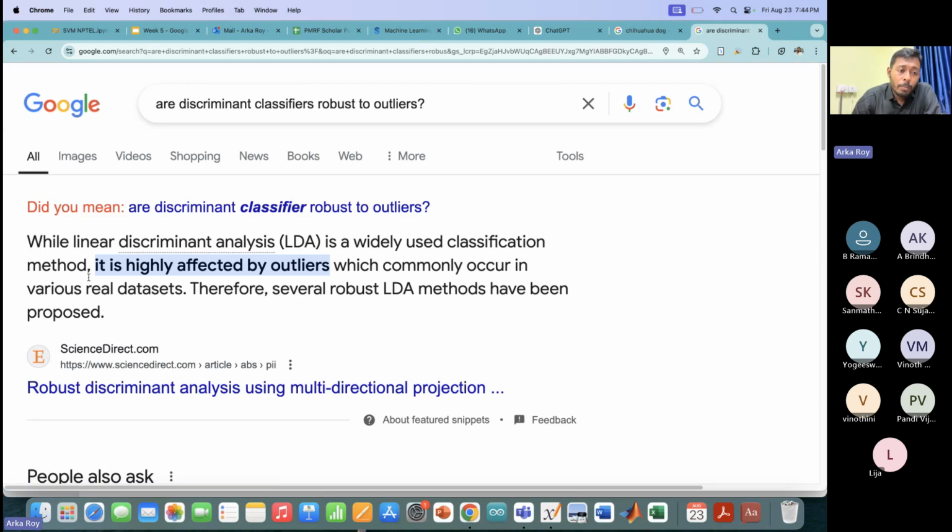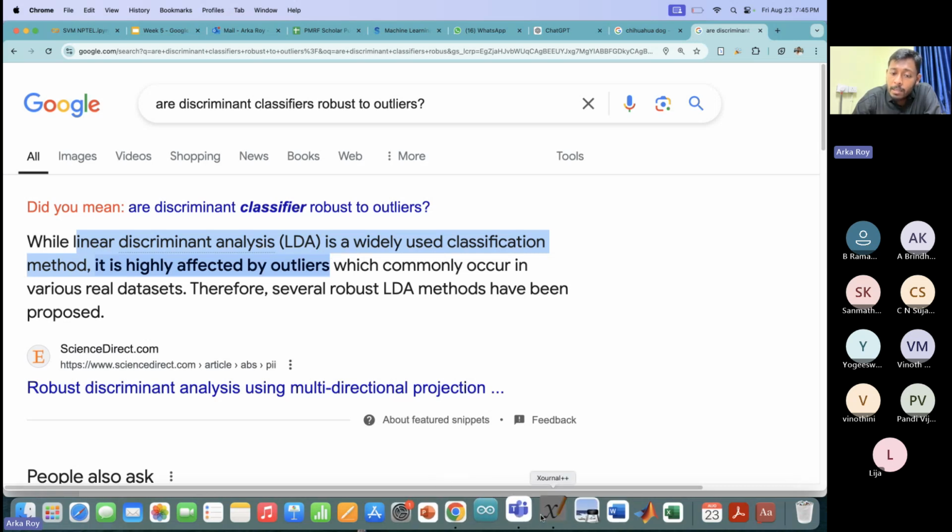The highlighted part says that while linear discriminant analysis is widely used as a classification method, it is highly affected by outliers, which commonly occur in various real data sets. Therefore, several robust LDA methods have been proposed. That means discriminant functions in general are highly affected by outliers, so in general they are not robust to outliers.